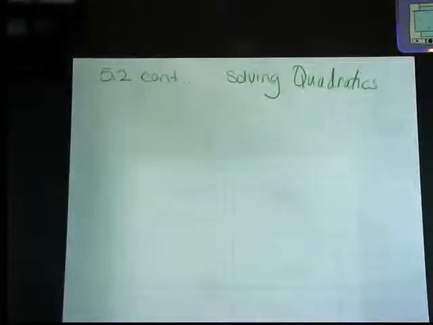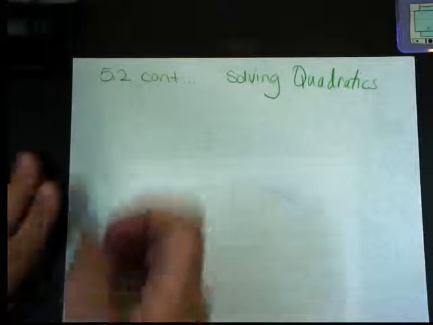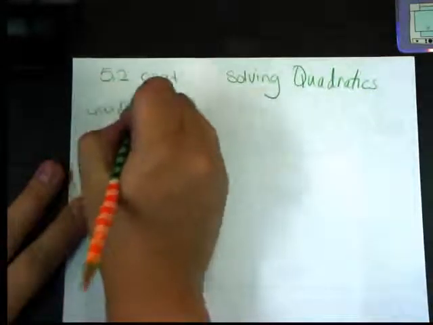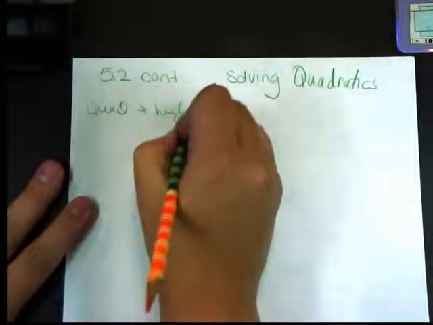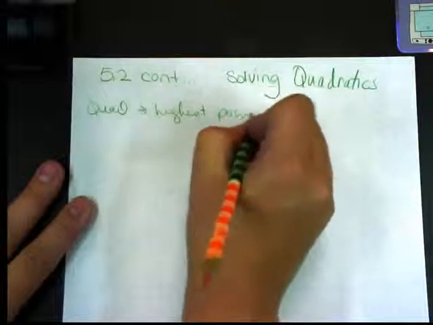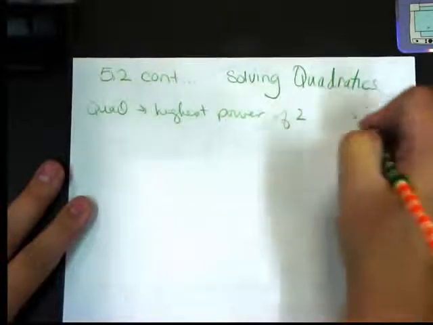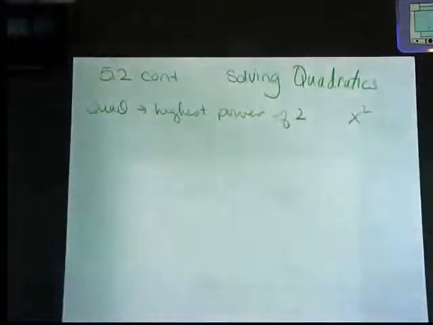the first part of 5.2, a quadratic means that there is the highest power of 2. Quadratic, we have the highest power of 2. So like an x squared, that's what we're getting at.